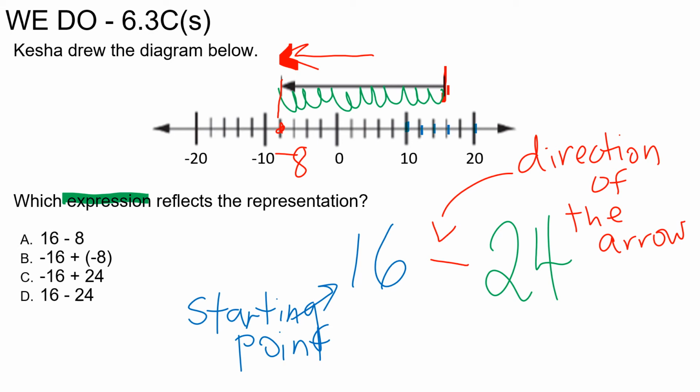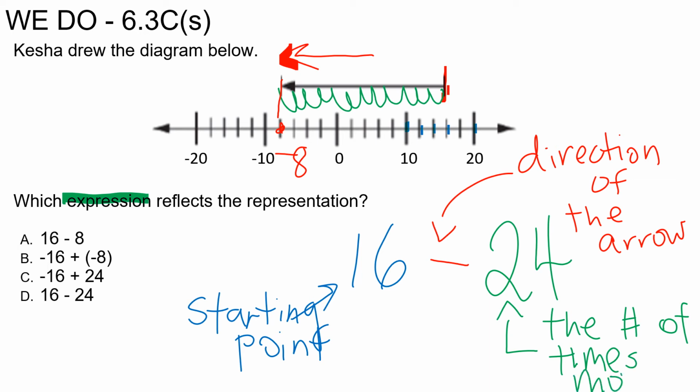If it goes to the left, we know we are subtracting. And then lastly, the second number right here represents the number of times moved. So we've moved 24 spaces to the left.